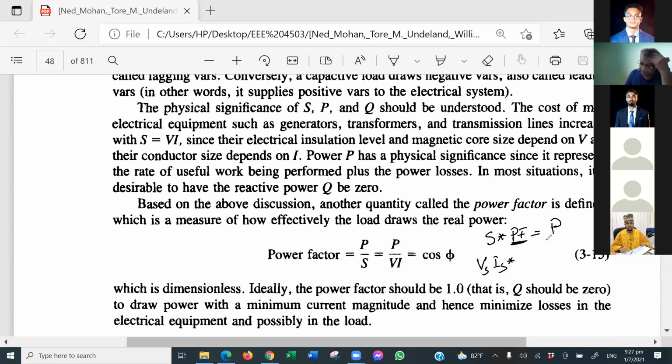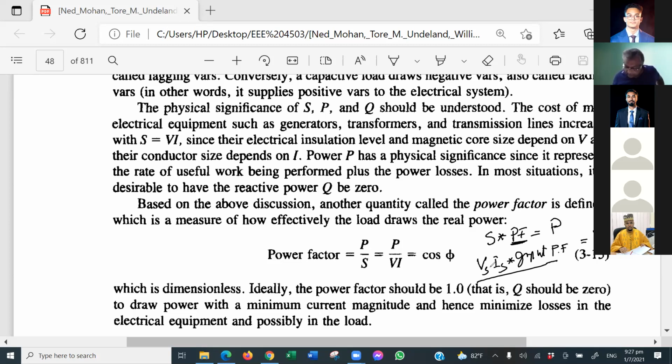They are considering only the input power. Input power factor. Then they said that this will be VS IS1 cosine of phi 1. Now is it okay? This is 1.